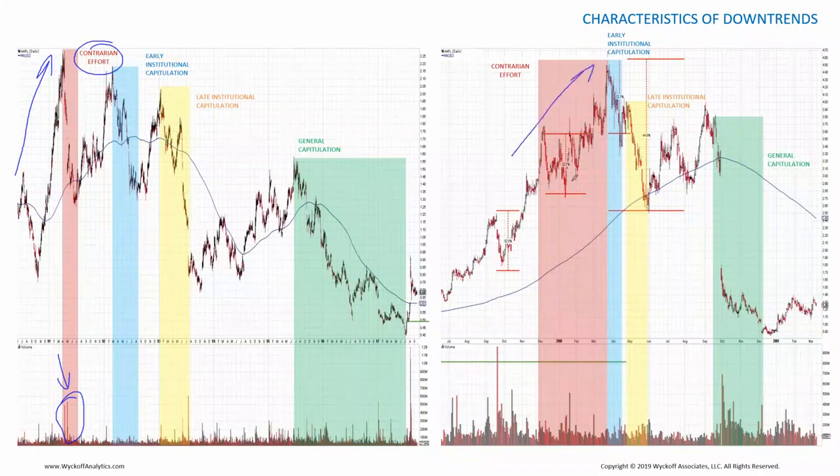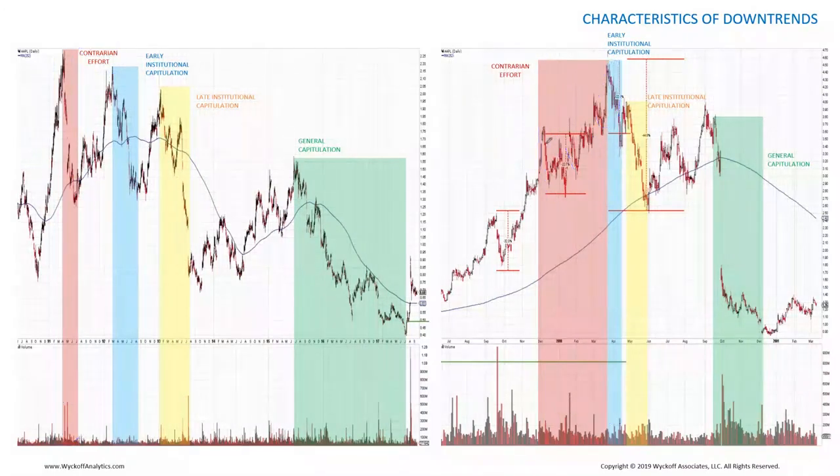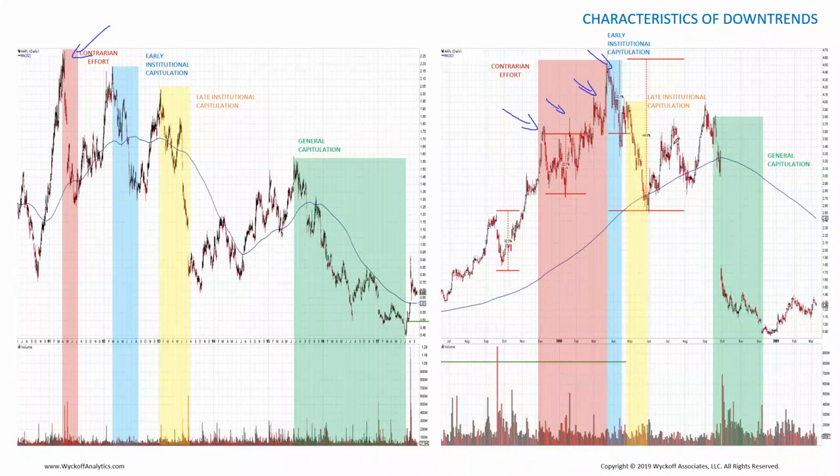Usually they're going to come in on the last move to the upside, into the climactic action, and the changes of character are going to be the first signs where they're distributing upthrusts. These are also the points where they will be selling into the strength of the movement to the upside. Those contrarian efforts are going to stop, or are going to be attempts to stop, the price from moving further up.